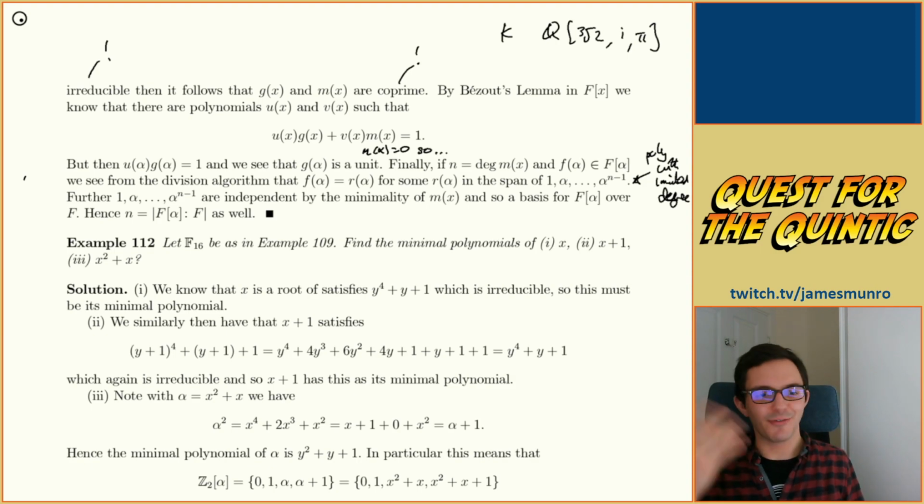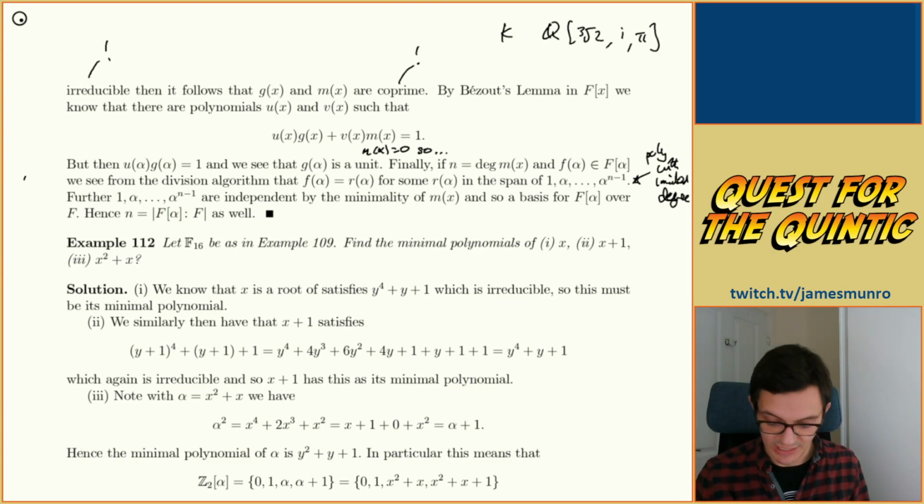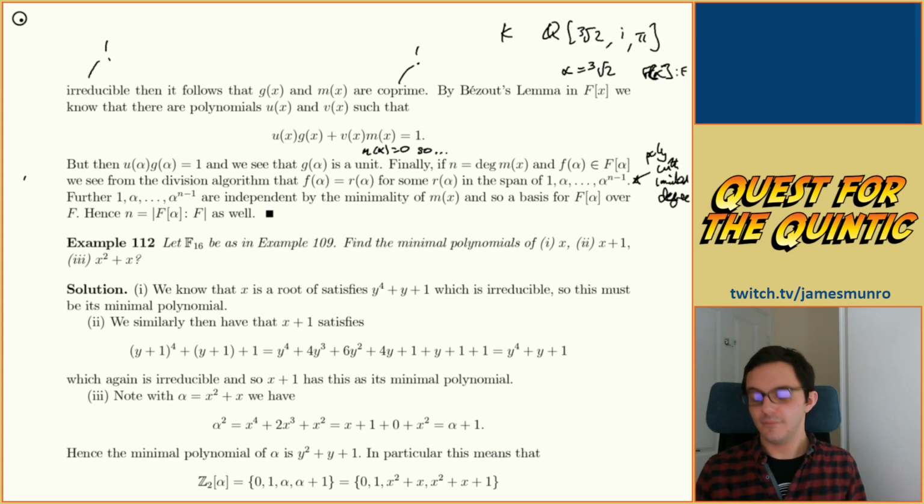So it's huge, but you can choose one particular thing, like alpha is the cube root of 2, and talk about the degree of the field extension of f of alpha over f. Degree of that would be 3. And that does correspond to the minimal polynomial.